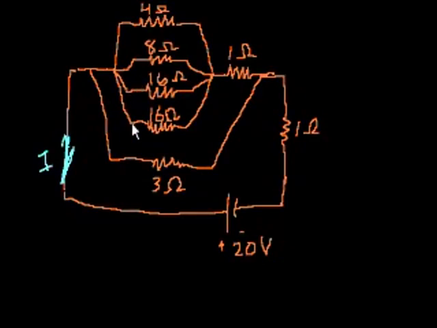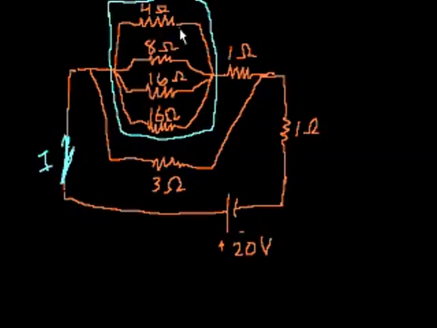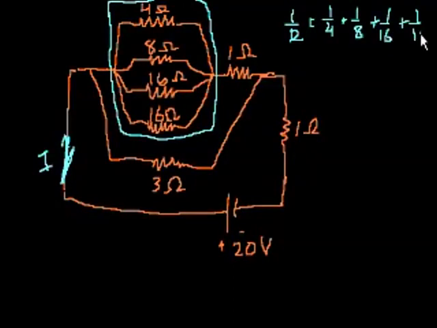So first of all, let's just start at, I could argue, the simplest part. Let's see if we could figure out the equivalent resistance of these 4 resistors in parallel. Well, we know that that resistance is going to be equal to 1 over 4 plus 1 over 8 plus 1 over 16 plus 1 over 16.